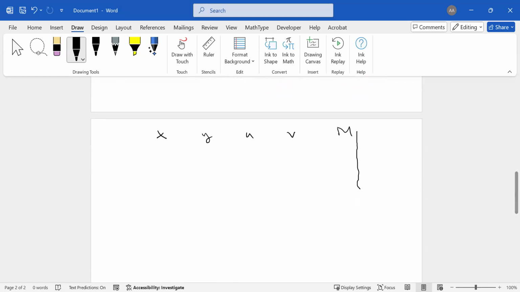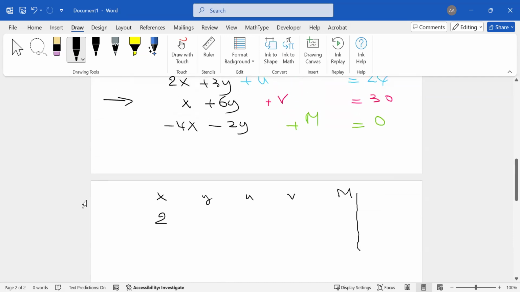The first row says 2x plus 3y plus 1u, plus 0v because I don't see v in the first equation, plus 0m, equal to 24. The second one says 1x plus 6y, I don't see u so it's a 0, plus 1v, I don't see m so it's a 0, equal to 30.